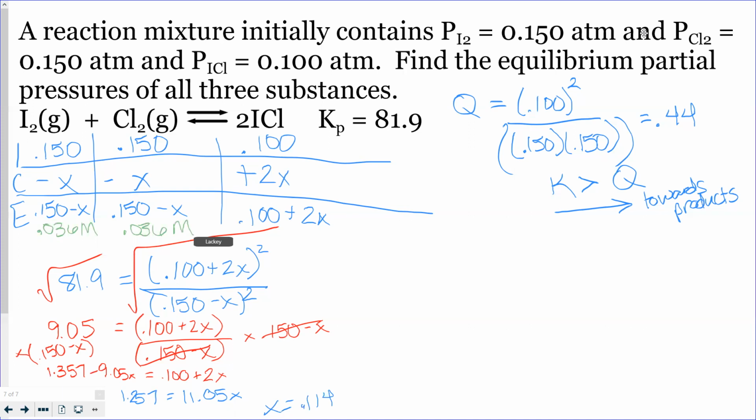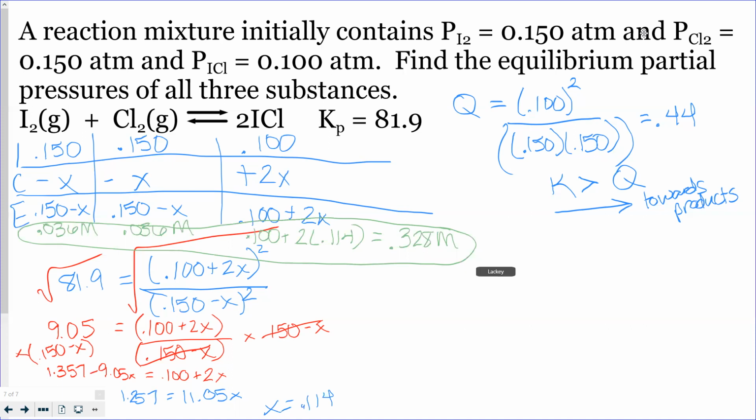For the iodine chloride, 0.100 plus 2 times 0.114 gives us an equilibrium value of 0.328. So you need all three values. Oh, excuse me. These are not molarity. These are atmospheres. That was my mistake. I got in the habit of doing molarity. So these are all atmospheres for pressure.